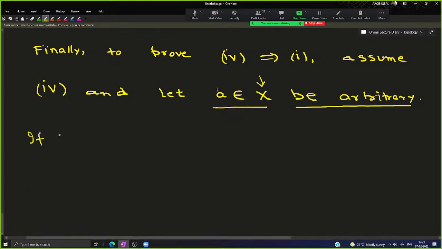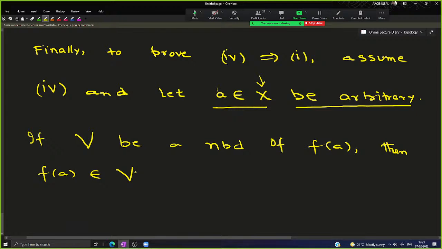If capital V be a neighborhood of f of a, तो फिर क्या होगा? Then I am saying that it's a neighborhood of f of a. तो फिर एक तो f of a इसका member होगा, that means f of a will be a member of V, और एक और चीज होगी, and ये जो V है, because I am saying it's a neighborhood, so it must be open. V is open. अब ये open कहाँ पर होगा?